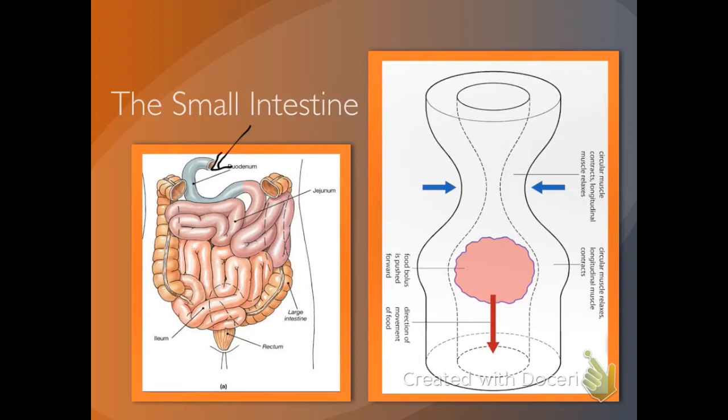What's happening here is there are muscle contractions on either side of the small intestine that happen behind the bolus or the chyme, pushing it further and further through the small intestine. As it moves, it will be in contact with the walls of the small intestine, and we'll see why that's important in just a moment.